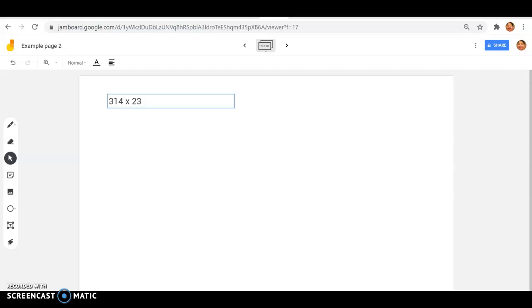We have been going over multiplying multi-digit numbers. We have found the estimated product of multi-digit multiplication, and we have also been using our area model and standard algorithm to find the exact answer. What we're going to be doing today in lesson 8 is combining the two.